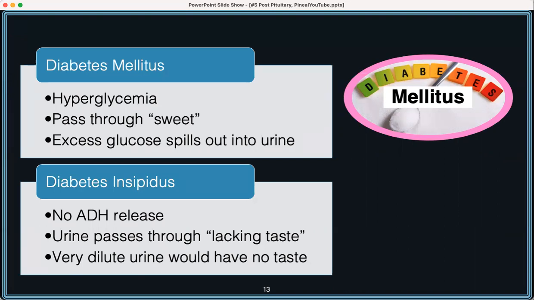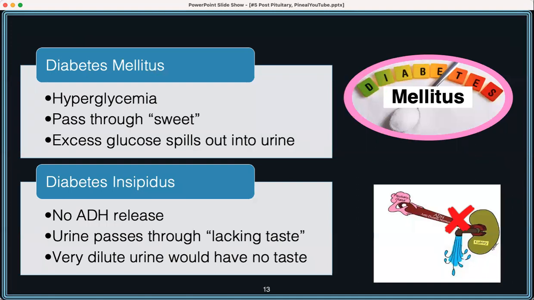With diabetes insipidus, there's no ADH, so urine passes through very, very dilute, and it doesn't have the normal salty taste. ADH is released by the posterior pituitary gland, and without that, the kidneys are not told to reabsorb water.